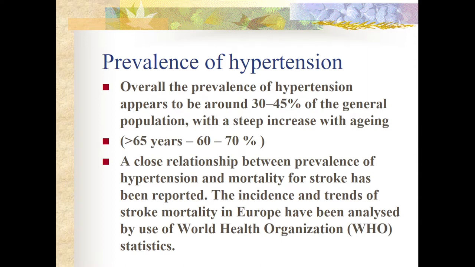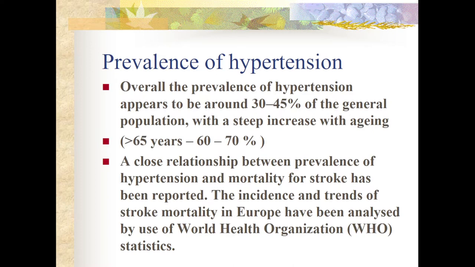Overall, the prevalence of hypertension appears to be around 30 to 45% of the general population, with a steep increase with aging. And 60 to 70% of people older than 65 years suffer from it.